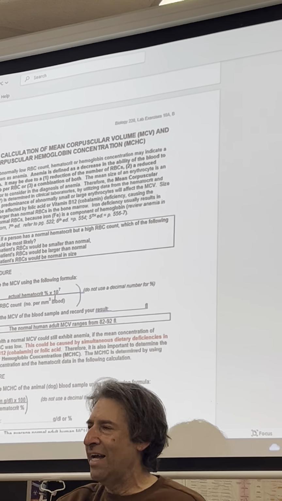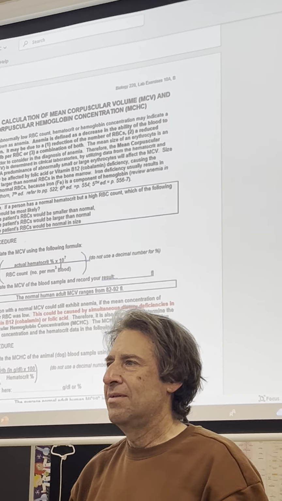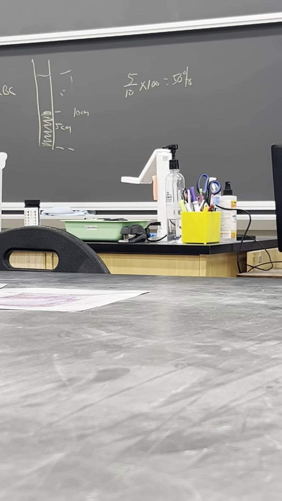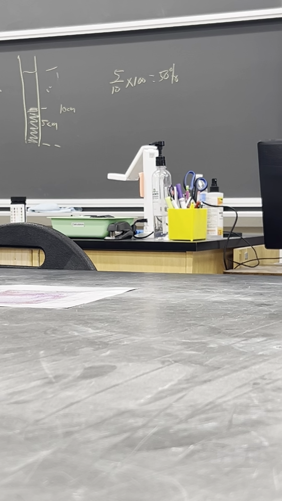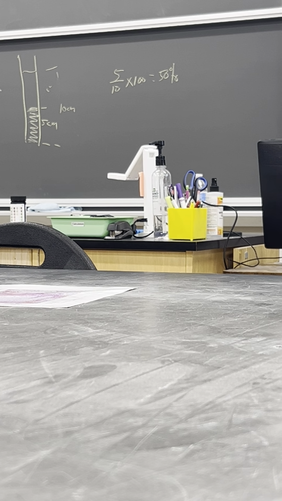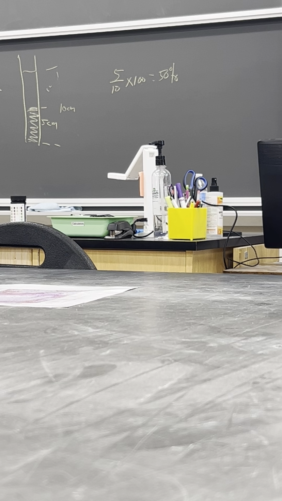So you have iron and vitamin B12 deficiency. So that's like 3 questions probably in a row. I'll give you those values. You're going to have to calculate MCV, you're going to have to calculate MCHC, and then the following question will be, what is wrong with this patient? It'll be normal, anemia due to this, anemia due to that, or anemia due to both. Those are the only possibilities. But that is the questions.